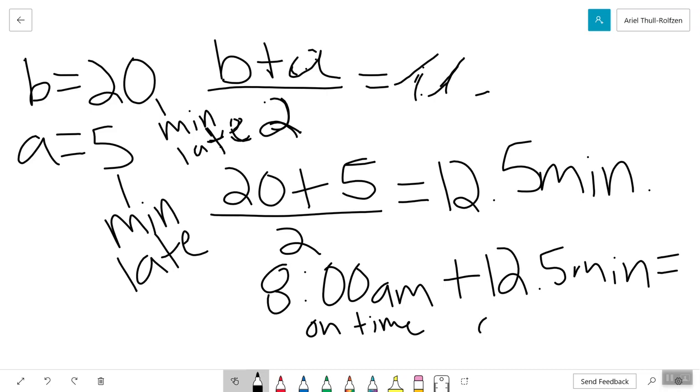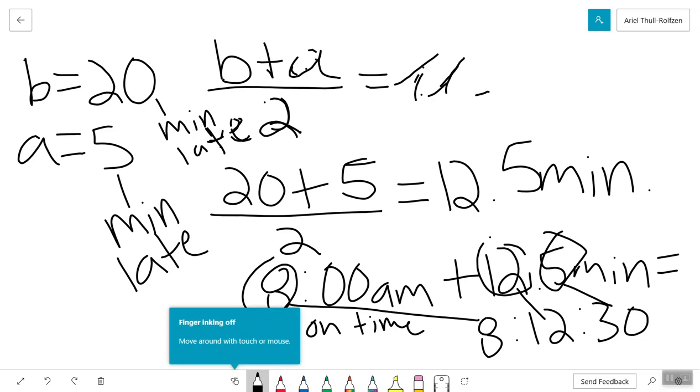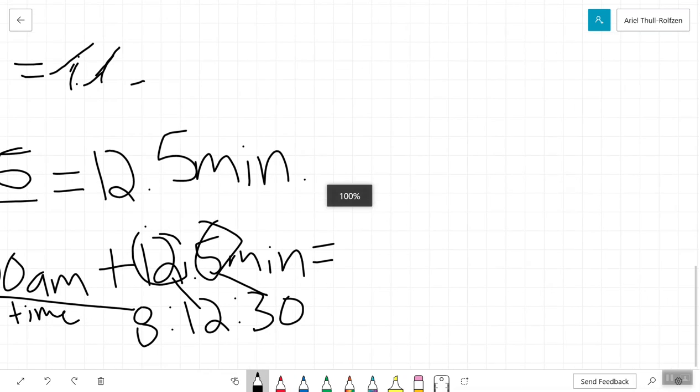And I'm going to get 8:12 and 30 seconds. A half of a minute is 30 seconds. We're 12 minutes past 8 o'clock, and we're starting at 8. We just found the mean. Go team.